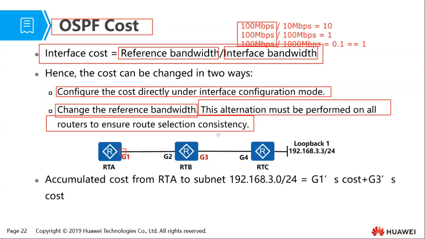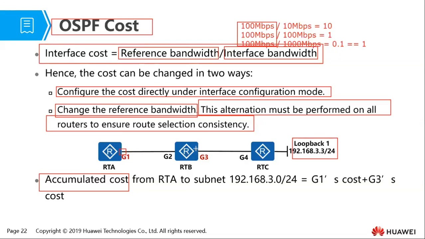Now, the other important factor to understand is accumulated cost. So OSPF metric is what we call a cumulative cost. That is the total cost of all outbound interfaces. So if you want the cost from RTA to this network segment, it is the total cost of all the outbound interfaces.